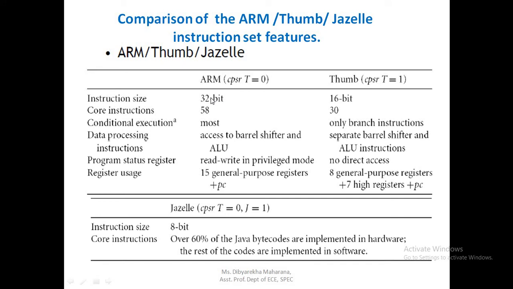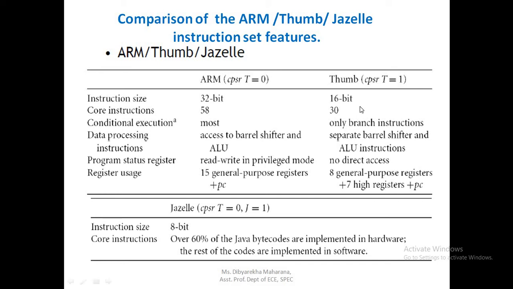The instruction size is 32 bit. There are 50 core instructions. There is conditional execution, and there is access to the barrel shifter and ALU. It can read and write in privileged mode, and there are 15 general purpose registers plus the program counter.